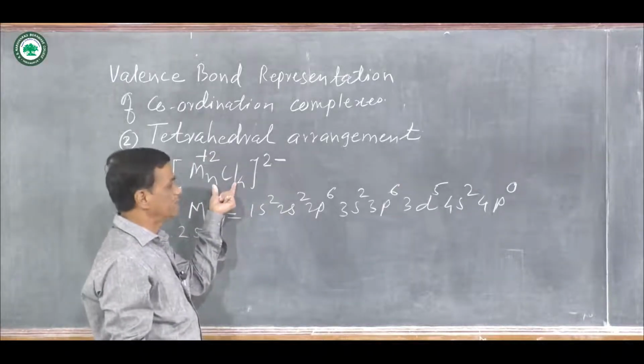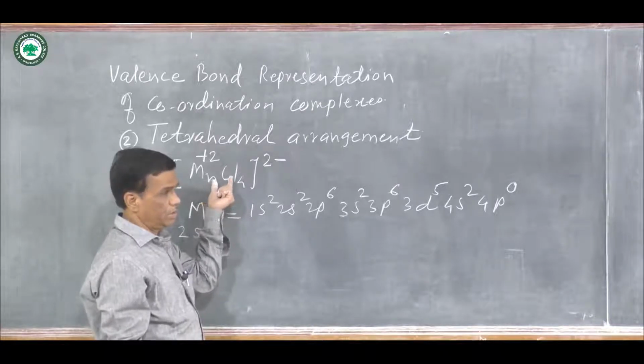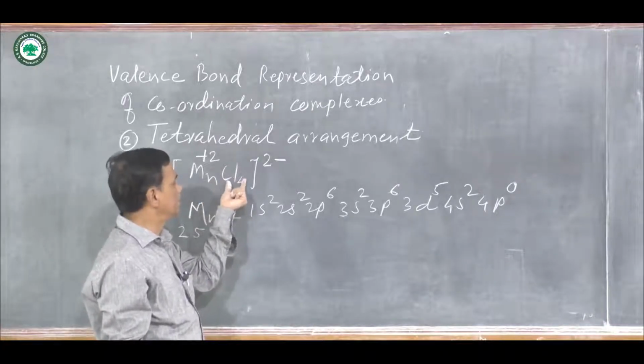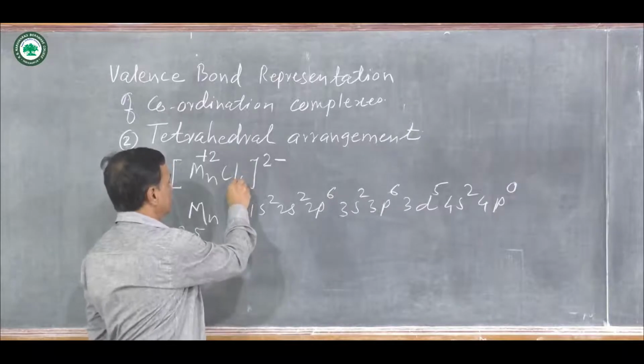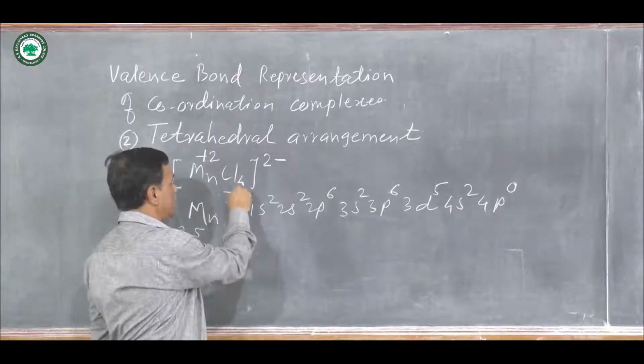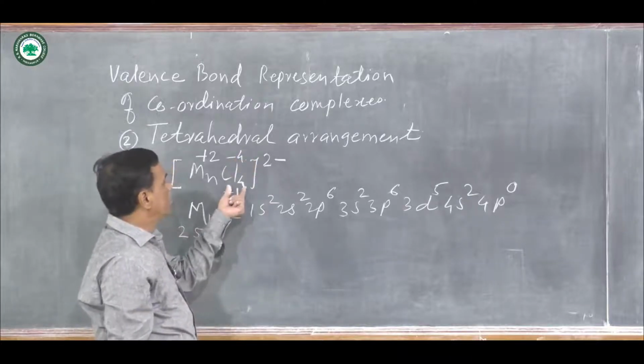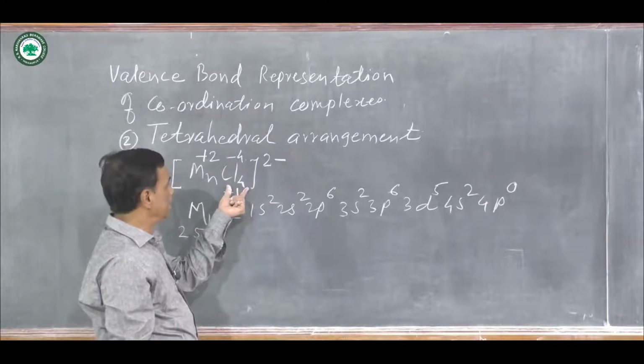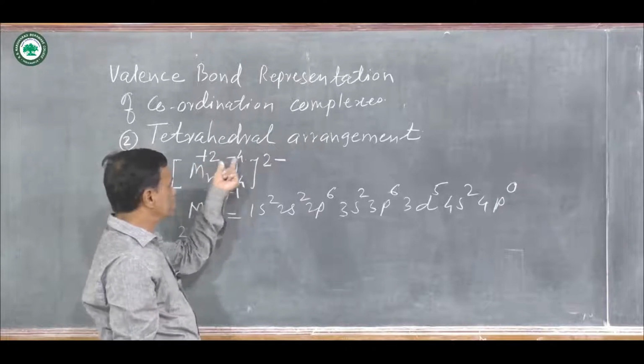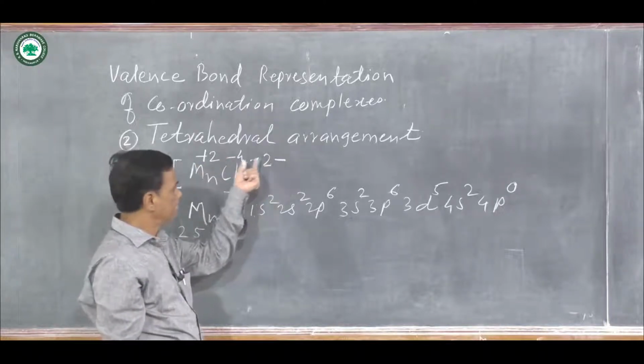by the algebraic sum of the metal charge and ligand charge. Here the charge on every chloride is equal to -1, and the total is equal to -4 because 4 chloride ligands are there. Here -4 plus 2 is equal to -2.